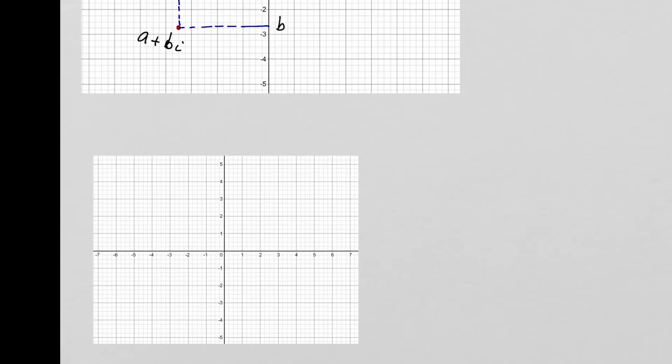Let's say I want to plot -4 plus 3i on the complex plane. Okay, so let's say this is my complex plane, right?